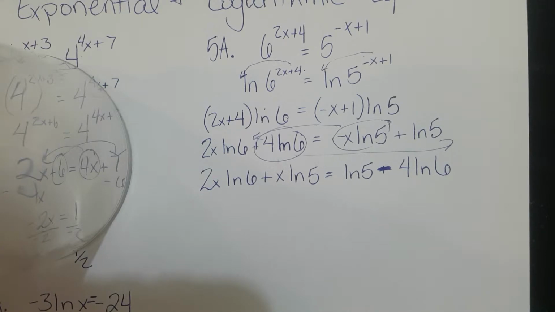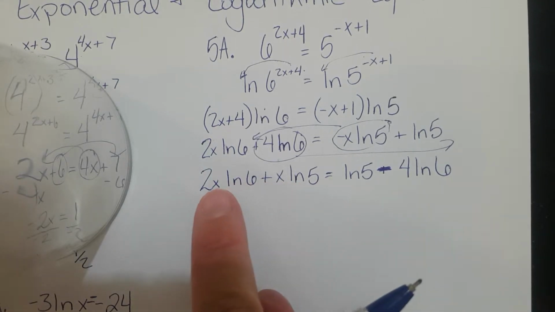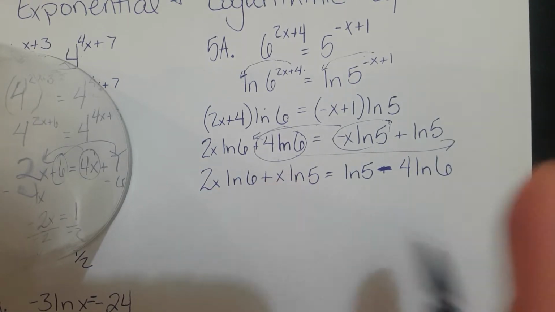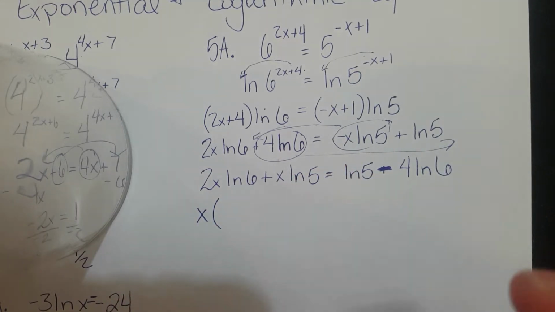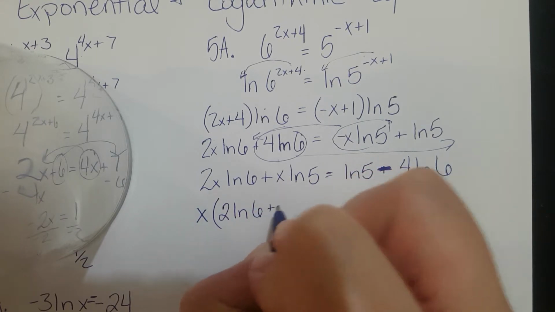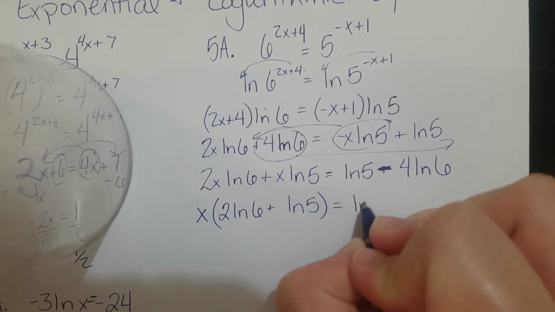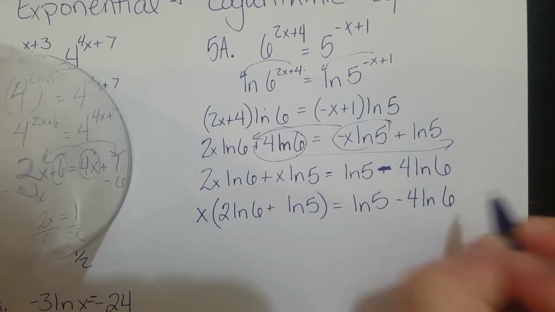Okay. So over here, what you need to do is factor out your x. Since both of these terms have an x, you can put the x to the front, and then everything else is left inside the brackets. So you still have 2 ln 6 plus ln 5 equals ln 5 minus 4 ln 6.